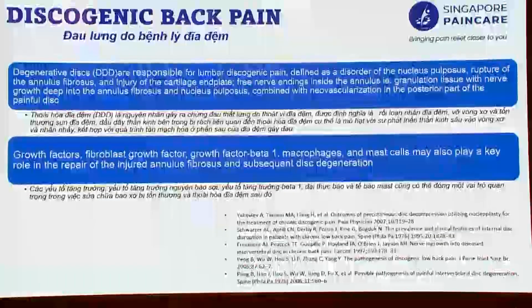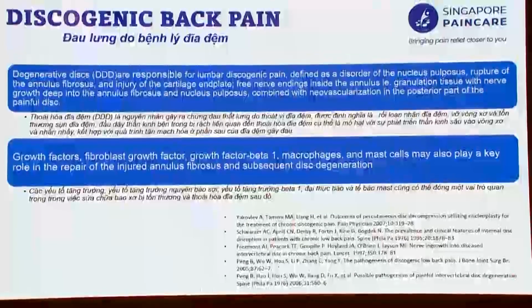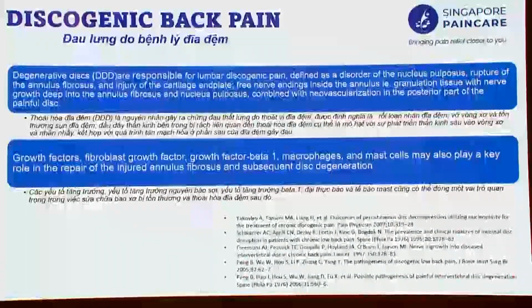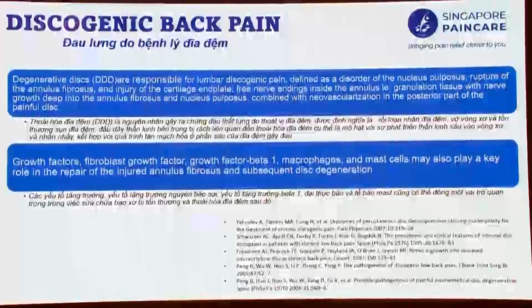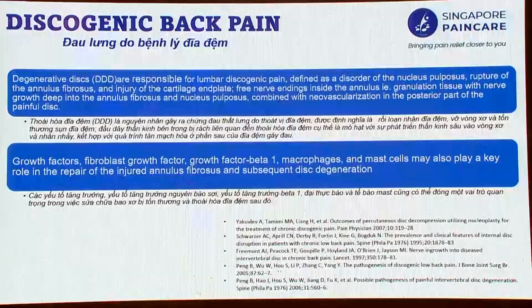We know that discogenic back pain or degenerative disc disorder is responsible for a significant proportion of lumbago or lumbar discogenic pain. We define this degenerative disc disorder as a disorder of the nucleus pulposus, whereby there's rupture of the annulus fibrosus, as well as injury of the cartilage end plate.